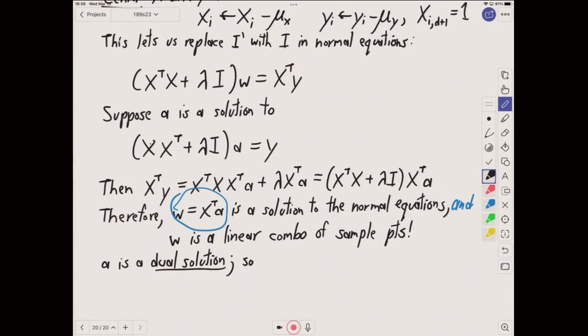It solves not only the normal equations of the primal form of ridge regression, it also can be cast as an optimization problem on its own. Here is the dual form of ridge regression. We can write it as an optimization problem as well.